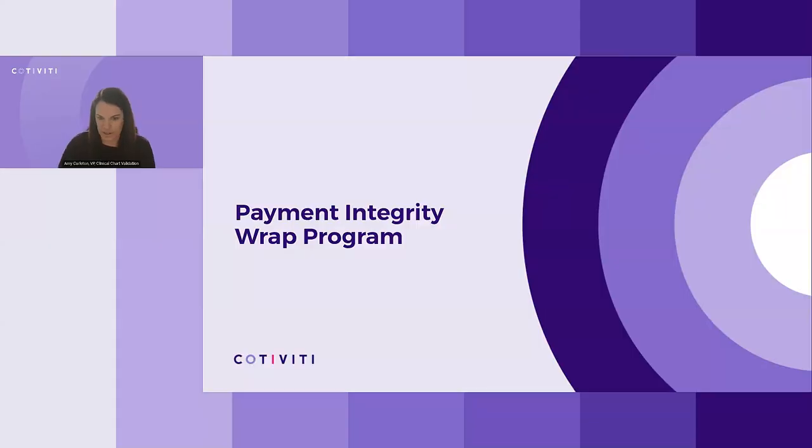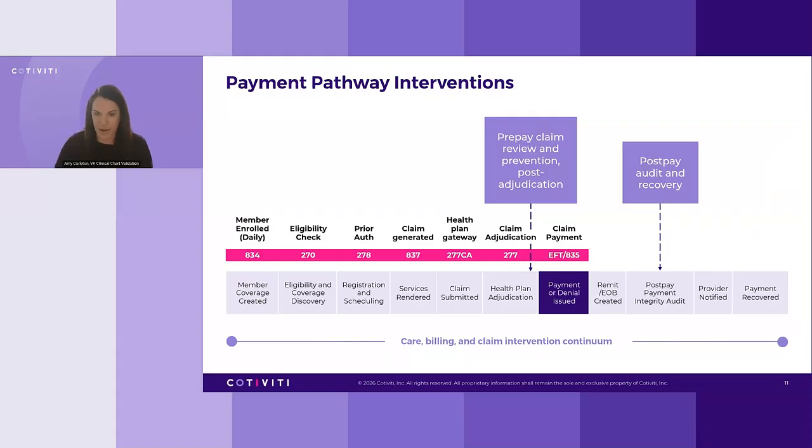Now this is where it gets into the fun technical part, and this is where Jenna will jump in. But as a visual, I wanted to make sure we took the time to look through the end-to-end continuum. I thought this did a great job articulating where member enrollment all the way through to post-adjudication prepayment through the payment and recovery life cycle.